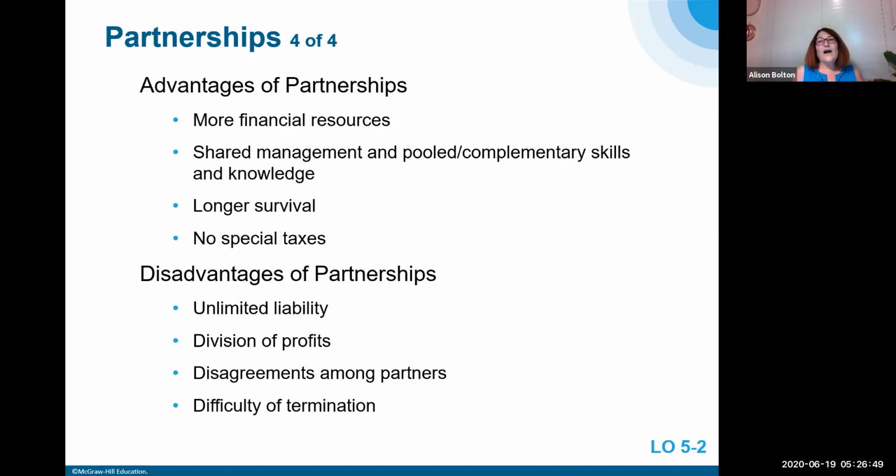Of course, now you have more management people to work with, ideas, we call it management, and pool complementary skills. As I suggested before, let's say I'm in IT, I need somebody to do the books for me, I don't have time to do that. Well, they're complementing me by having the skills to do the accounting.